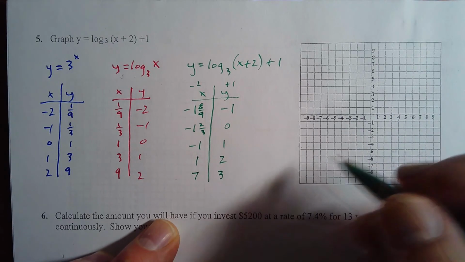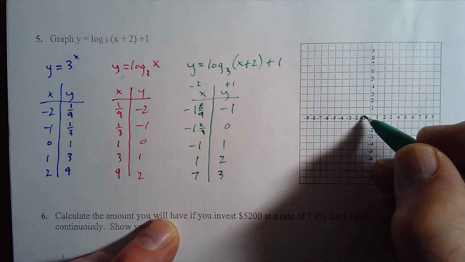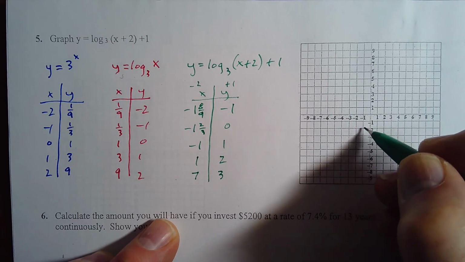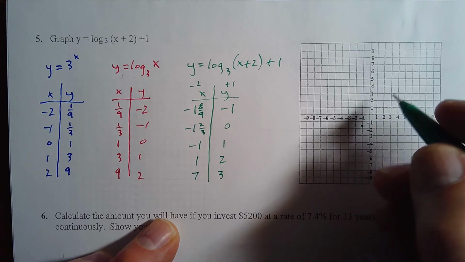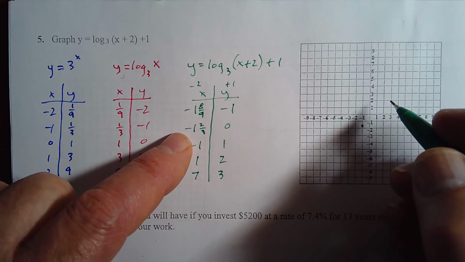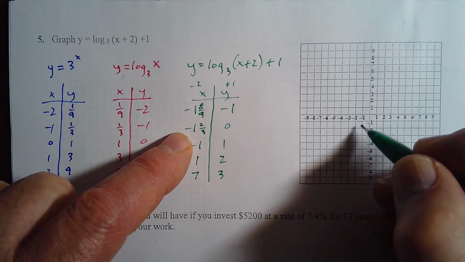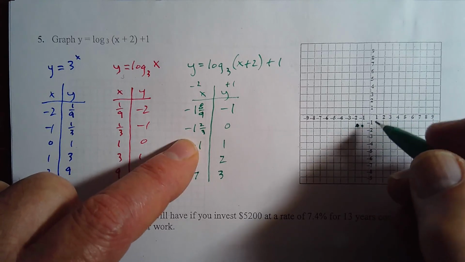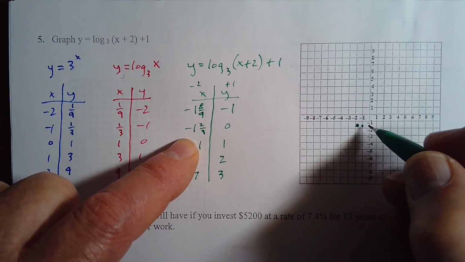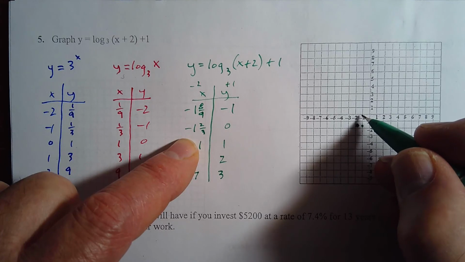So if I graph these points now, -1 and -1 and 8/9 would be right about here. Whoops, I got that wrong. It's actually almost here, sorry. -1 and 2/3 would give me 0.